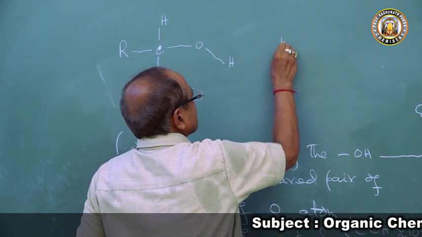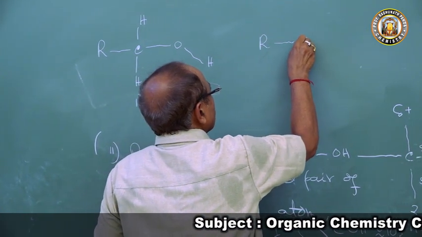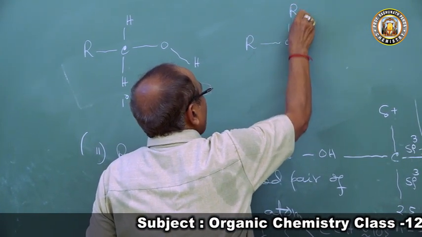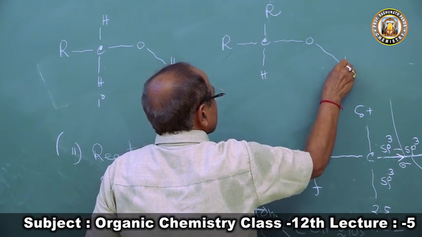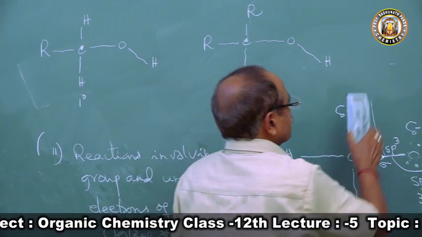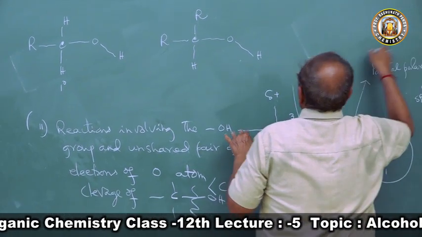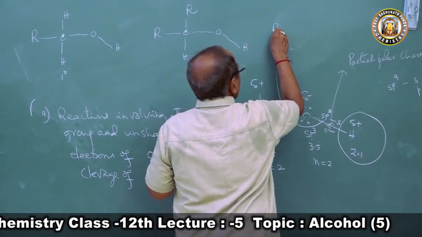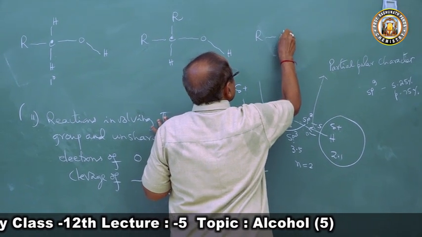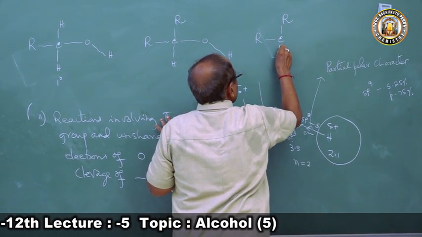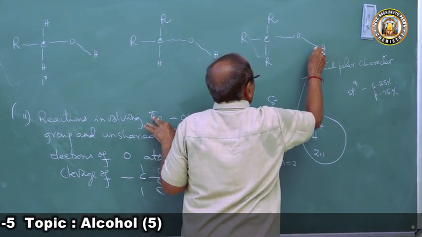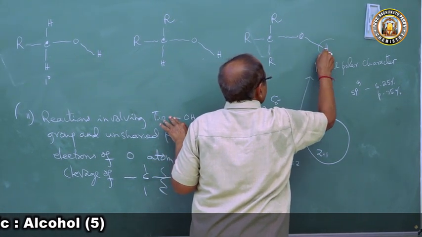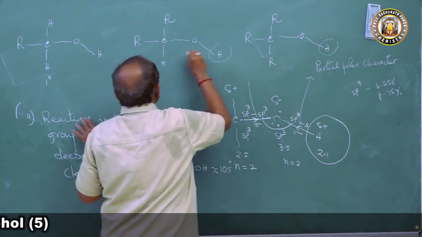If we come to secondary alcohol, R, C, R, H, we have OH; this is the secondary alcohol. Here we have tertiary alcohol, R, C, R, OH; this is the tertiary alcohol.